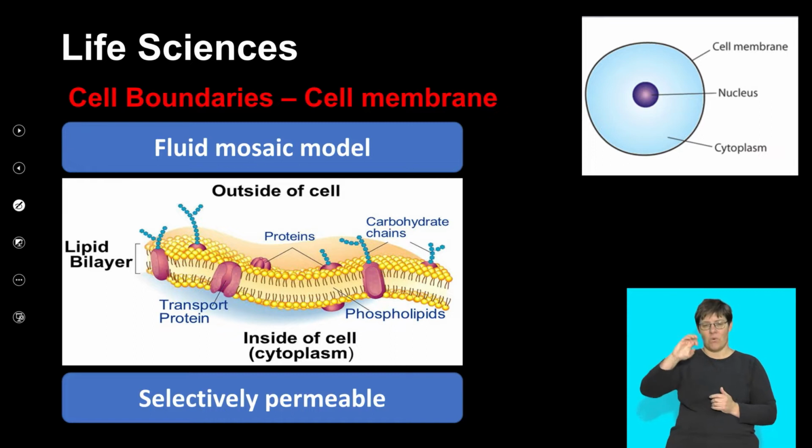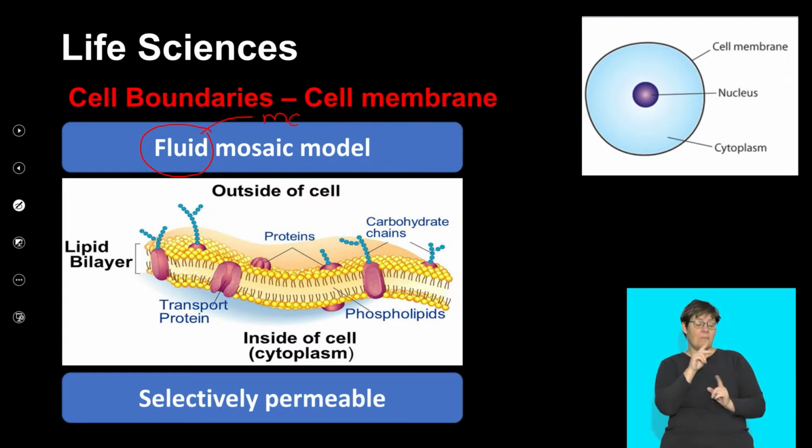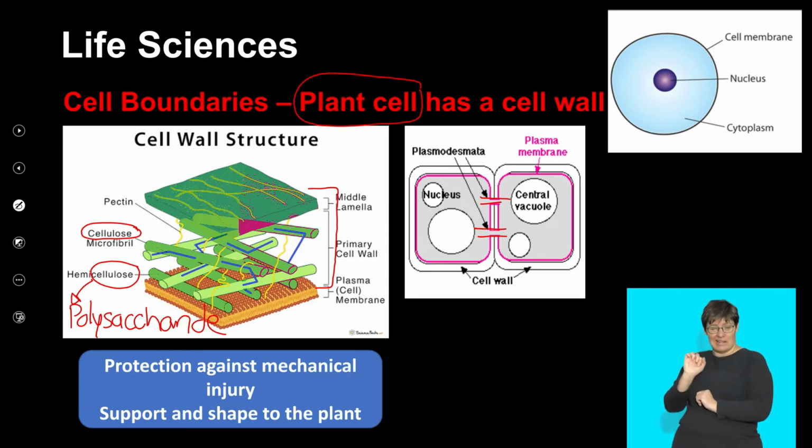Now, the cell membrane is quite a complicated structure. We give it the name the fluid mosaic model. What do we mean by that? The fluid means that the cell membrane can move. When we go to our plant cell, the cell wall over here, we notice it's very rigid.